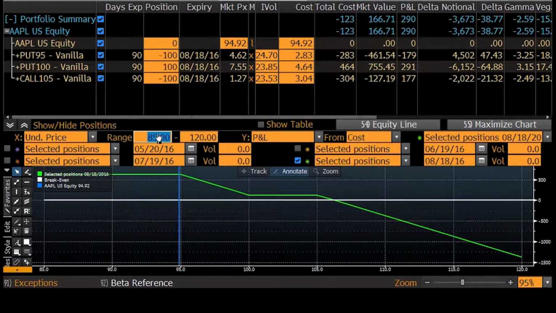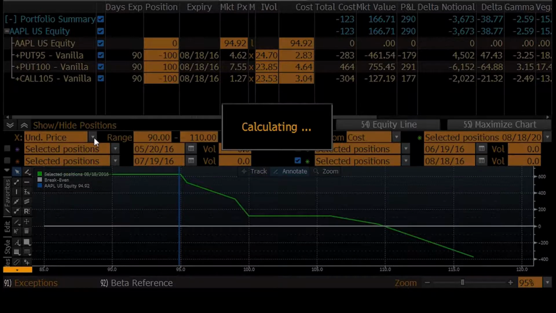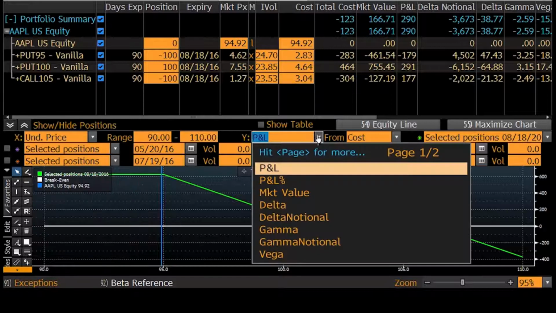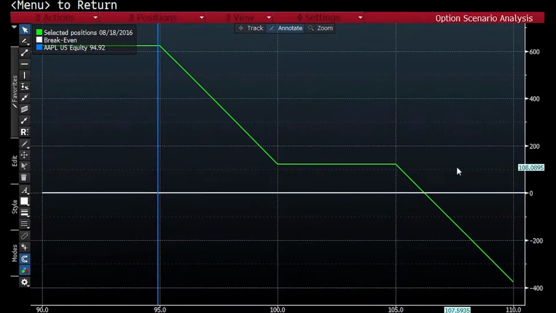I'm going to tighten up the range to make it easier to visualize, 90 to 110. Notice this x-axis is exactly what I want it to be. It is the underlying price. The y-axis is exactly what I want it to be. It's the P&L, and it's versus my cost prices. So this is the profile that I was expecting.